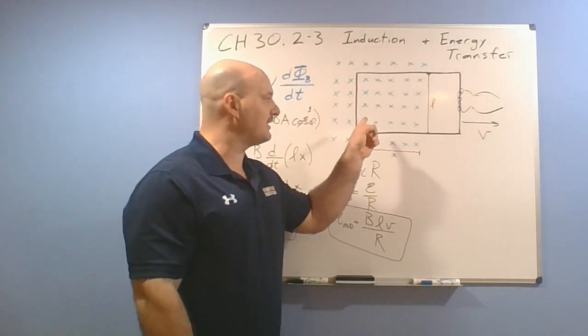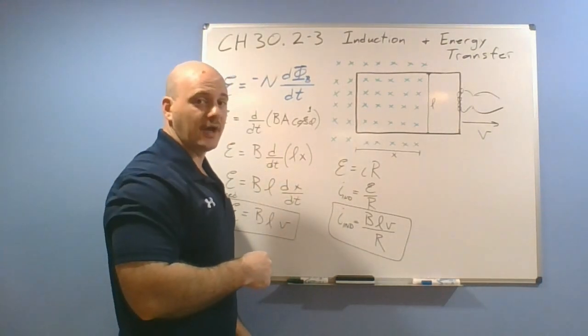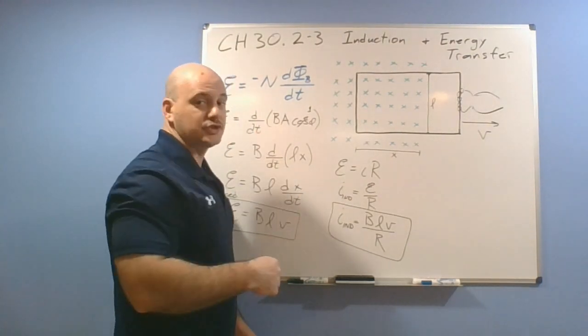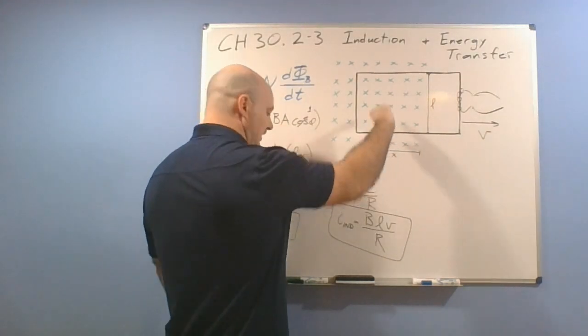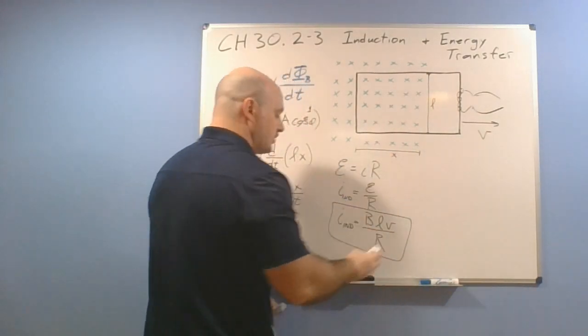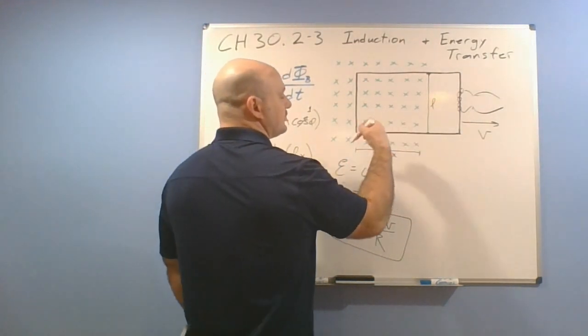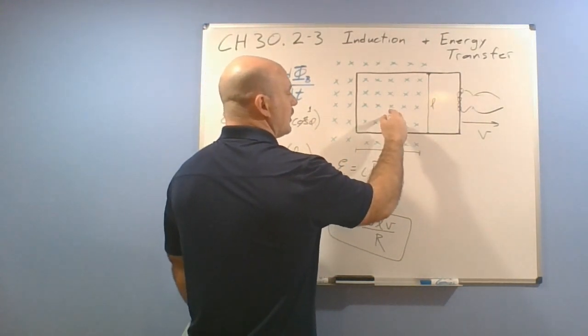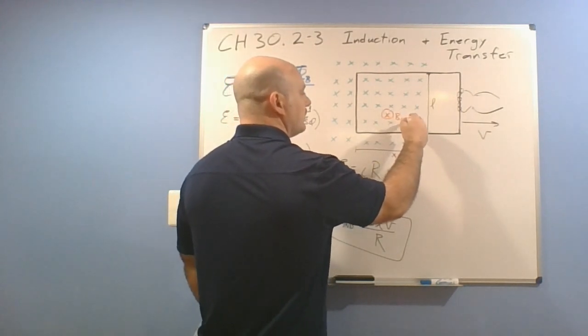So if our original magnetic field is into the board, we have a decreasing flux. So our EMF wants to oppose that decrease. Then we would get an induced magnetic field also into the board, right? It's going to want to keep that magnetic field large. So we'll have an induced magnetic field into the board.